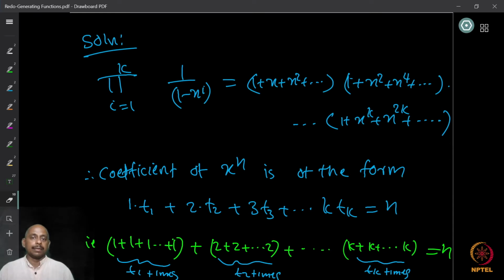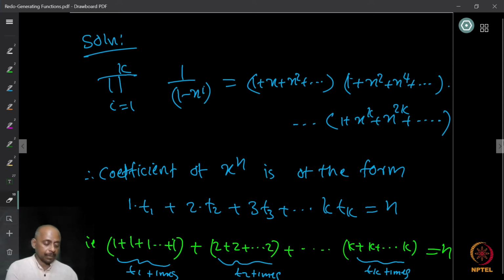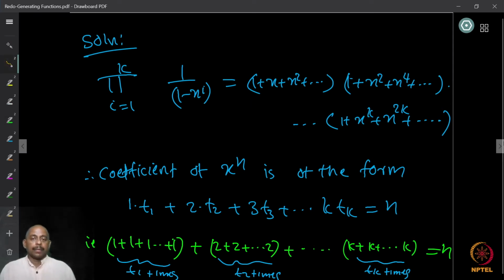So the first one, when i equals 1, is 1 plus x plus x squared plus etc. Then when i is equal to 2, I will get 1 plus x squared plus x raised to 4 plus etc. And similarly, when i is equal to k, I get 1 plus x raised to k plus x raised to 2k plus etc.